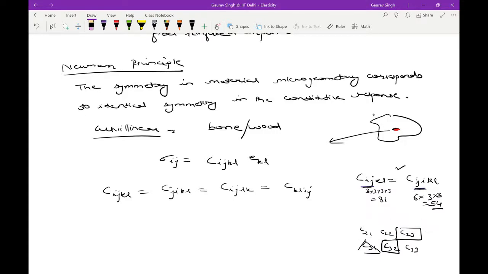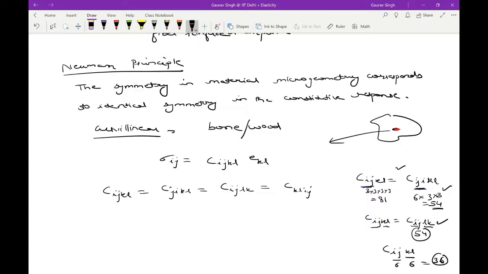Okay, now you apply the same logic to Cijkl and Cijlk. This would also have 54 components because here ij will remain the same and kl and lk are interchanged. But when you see both of them being combined and applied, then Cijkl, because this can take only 6, this can only take 6, you will have 36 constants.